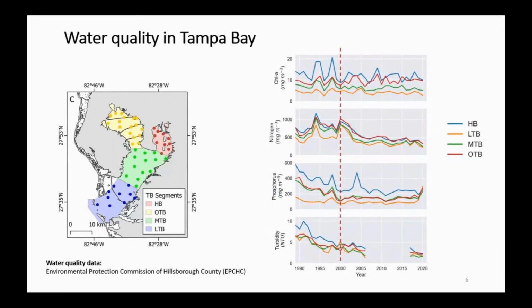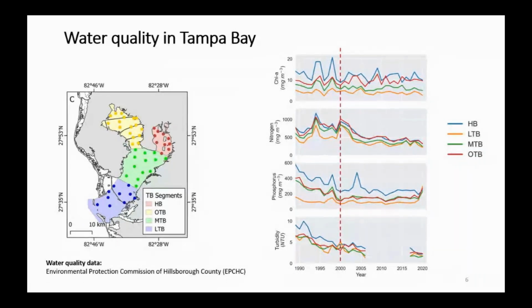If we look at the water quality data, we find this relation between the seagrass areas and water quality changes. Here are the annual averages of different water quality parameters at each Tampa Bay segment.